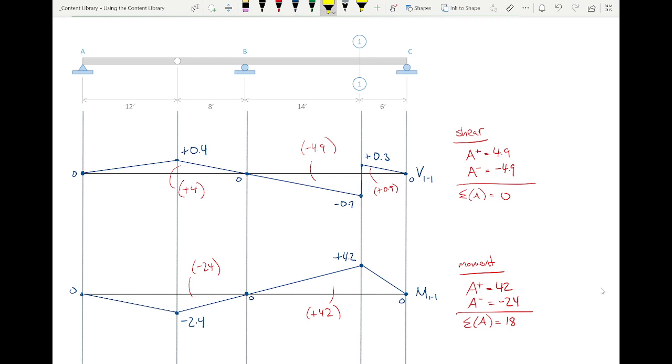Where do I place the load to generate the worst case positive shear? Well, I propose I place it here and here. Why do I place it there? Because that's everywhere that there is a positive ordinate. And how do I determine that? The magnitude times these areas.